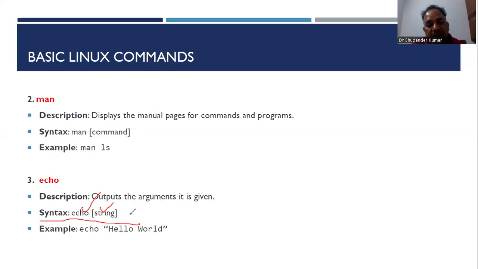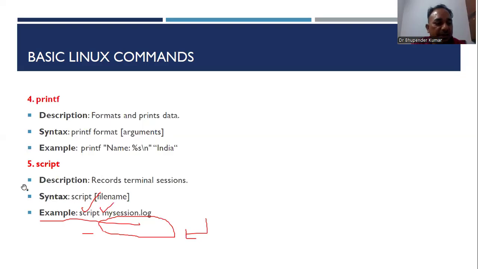Once you press enter, this command will display the argument which you have supplied. In this case, see echo, and I have supplied hello world as an argument with the echo command. If I press enter, it will print this hello world on the terminal. So that's it.